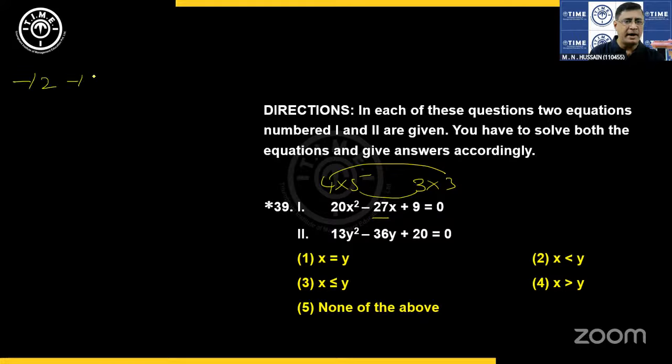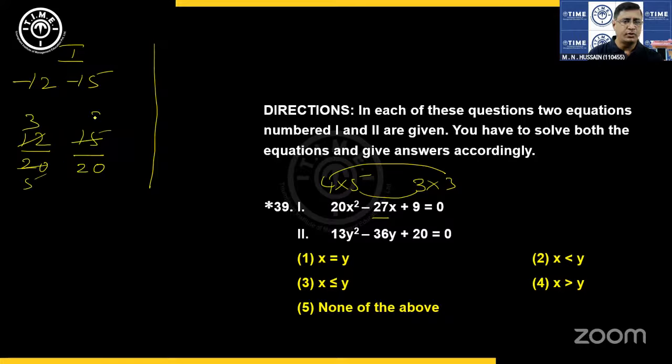Minus 12 minus 15. By adding these two, we get minus 27. What about the factors? Minus 12 minus 15. The roots are 12 by 20, 15 by 20. Simplify. 4 3 times, 4 5 times. 5 3 times, 5 4 times.